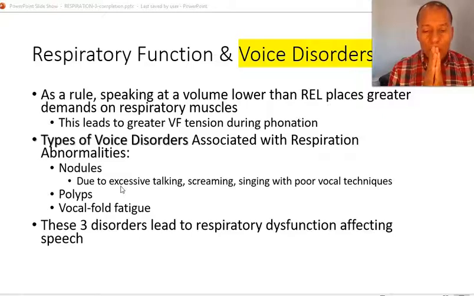However, if the problem has been there for a long time and the person has been a voice abuser for a long time and talks excessively, and these nodules have been sitting for months and months, and the behavior is continuing, the person will have to have surgery. And the physician most likely is going to ask for the vocal hygiene program to be implemented before the surgery.